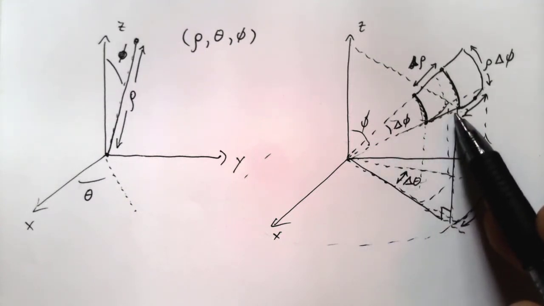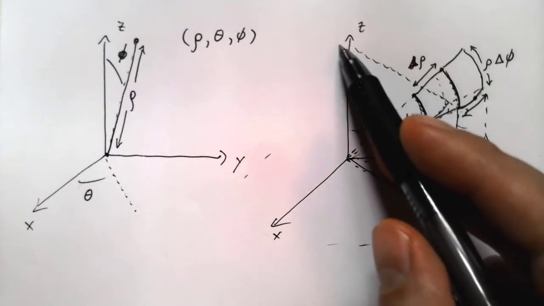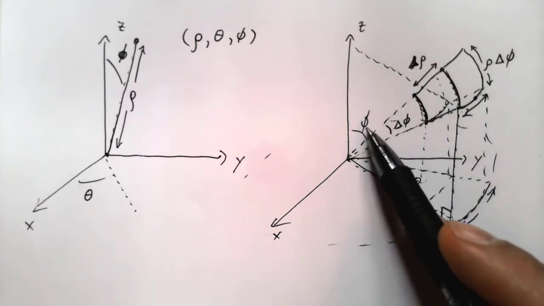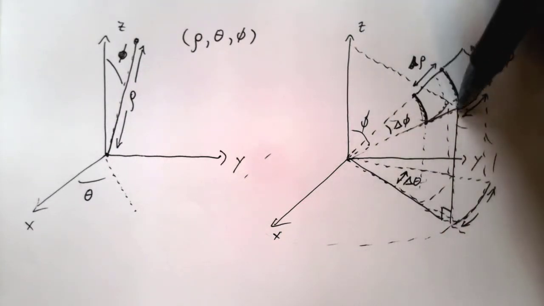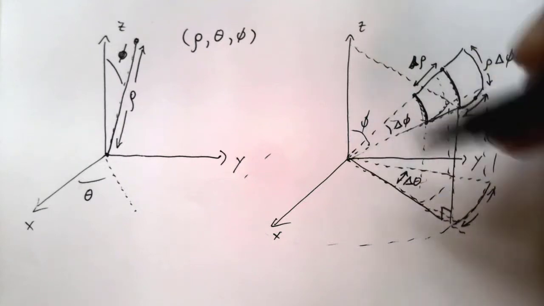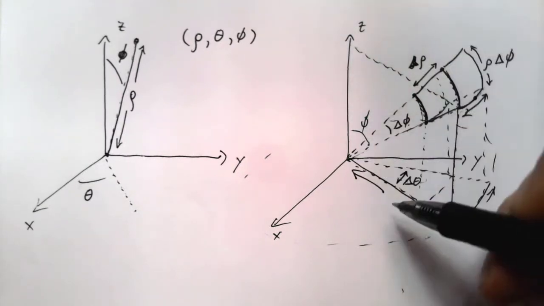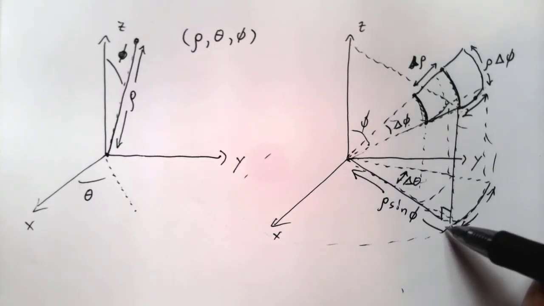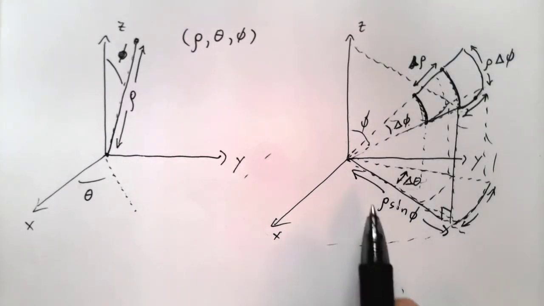And so if I want to find the length of the opposite side, it's going to be rho sine phi. So this distance here is rho sine phi. So that means this distance here is rho sine phi. Right? So that's this distance down here. Rho sine phi brings us out to there. And that's exactly what we need.